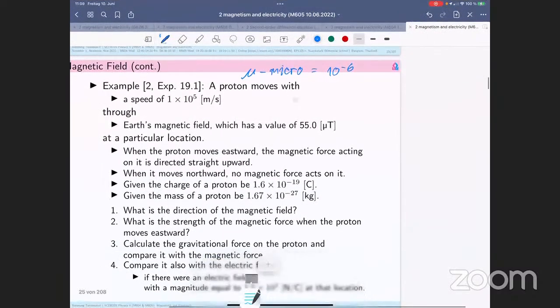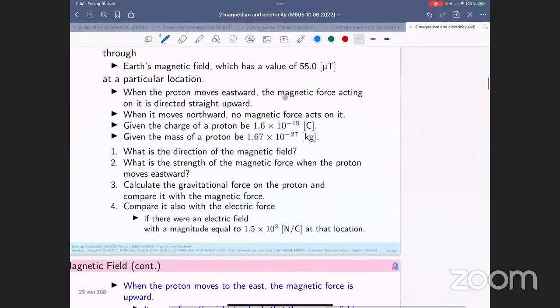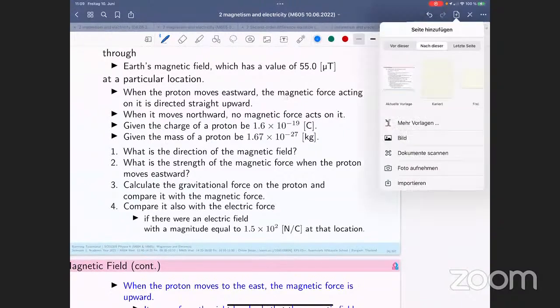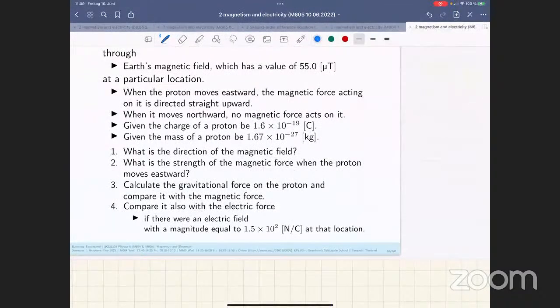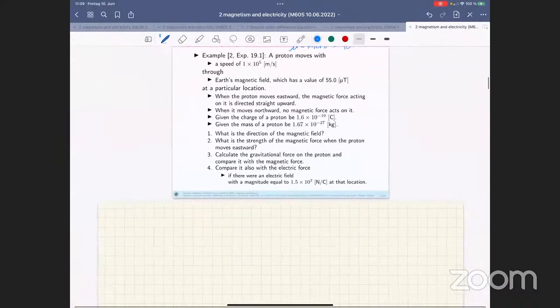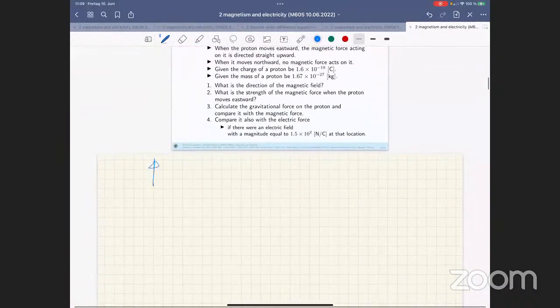We have to draw because this is physics. It's not mathematics. We need to express it in a graphical manner. This is north, this is east, here is south, and here is west.